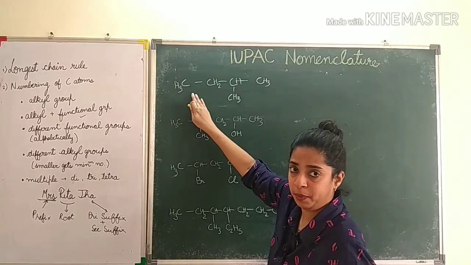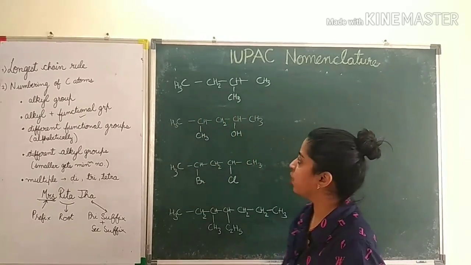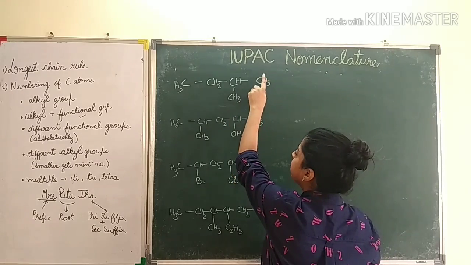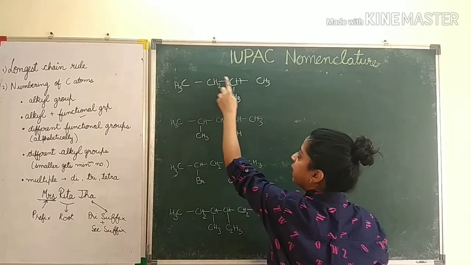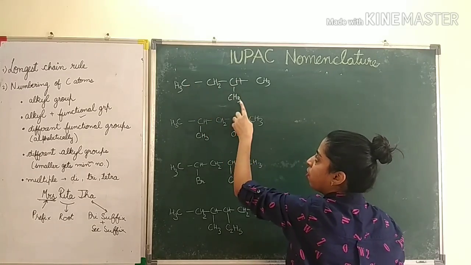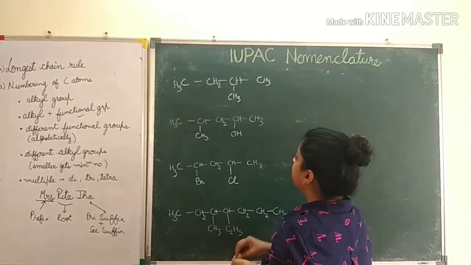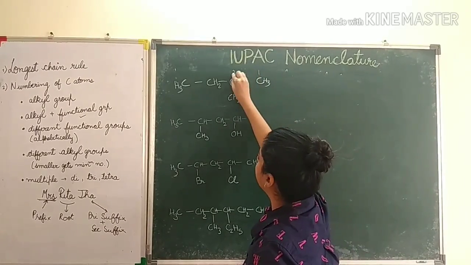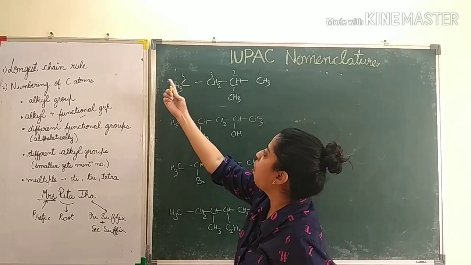Now the first step in naming it would be to identify the longest chain. So if I take this chain, there are 1, 2, 3, 4 carbon atoms. If I take this chain, again 1, 2, 3, 4 carbon atoms. So I can take any chain. Now the question is whether I should start numbering from here, like this 1, 2, 3, 4, or from here.